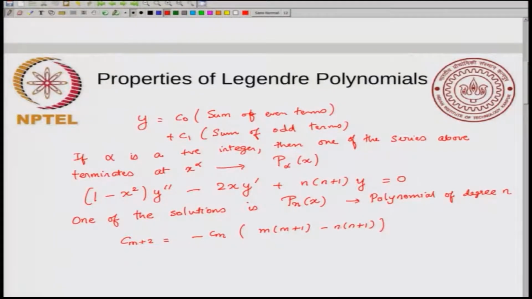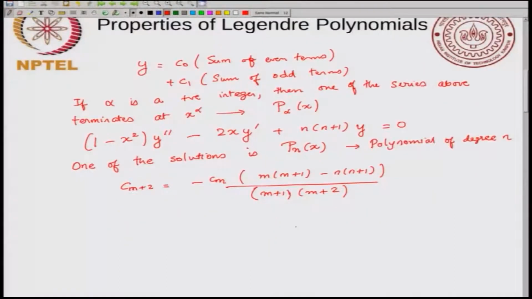I am using n because n is the degree of the Legendre polynomial, so my differential equation has an n. Earlier I had an alpha, now I am using n, because alpha is a positive integer. The recursion relation relates the m plus 2th term to the C m term. So, that means I can calculate each of the polynomials.